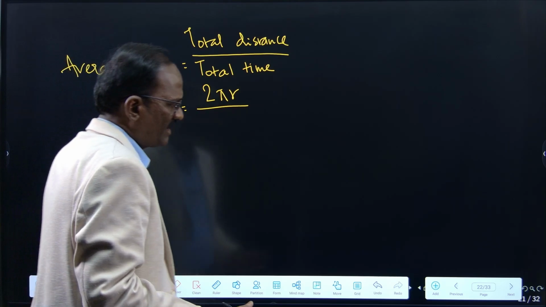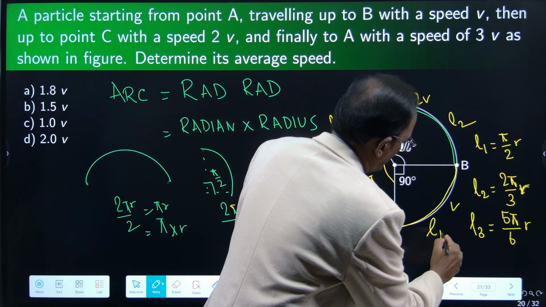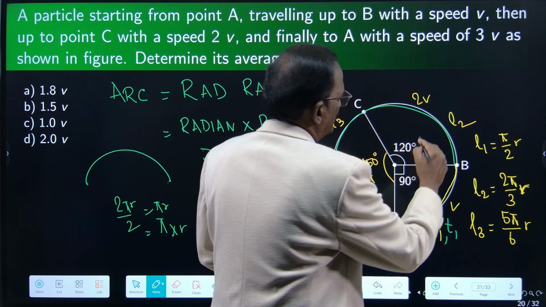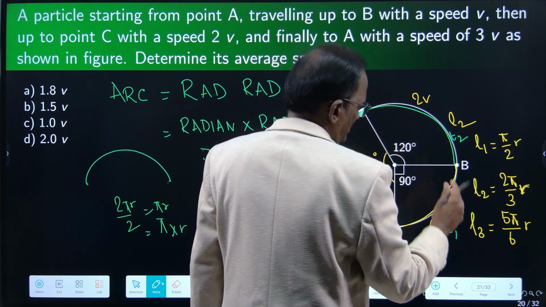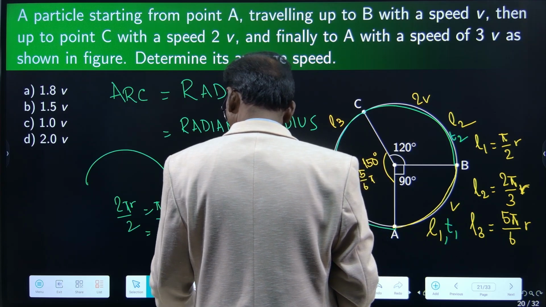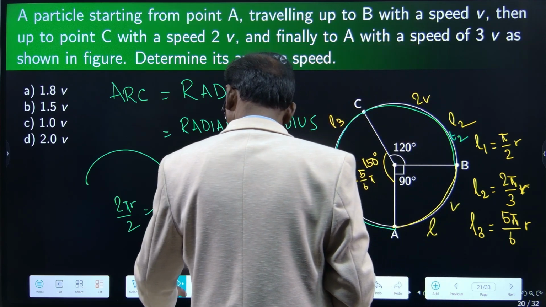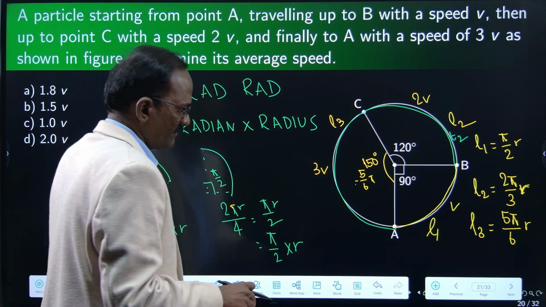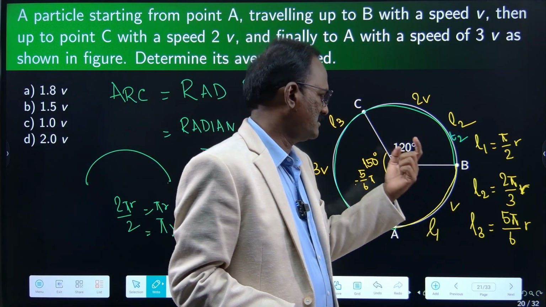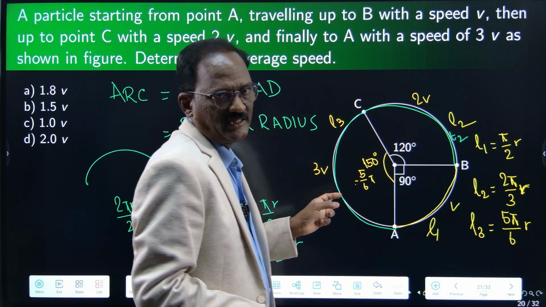Total time, this distance divided by this time. Let us say this is T1 seconds, this is T2 seconds, and this is T3. V is available, right? So straight away we will use the V value. D divided by V, that is length divided by V. L1 by V, L2 by 2V, L3 by 3V.